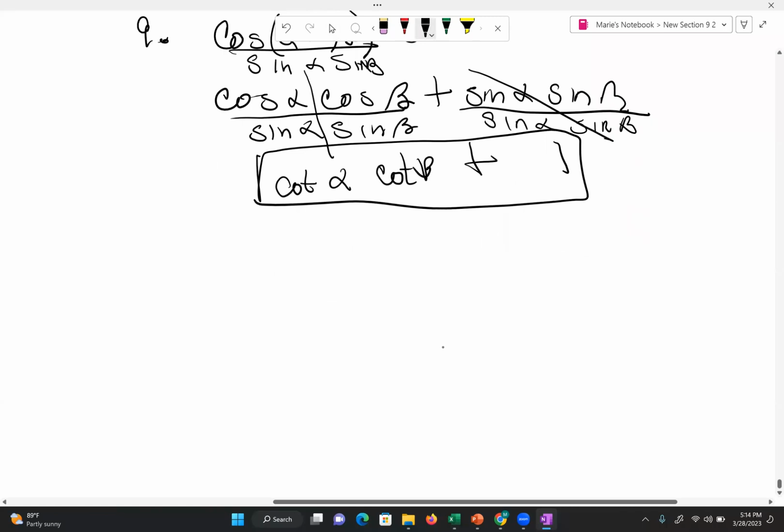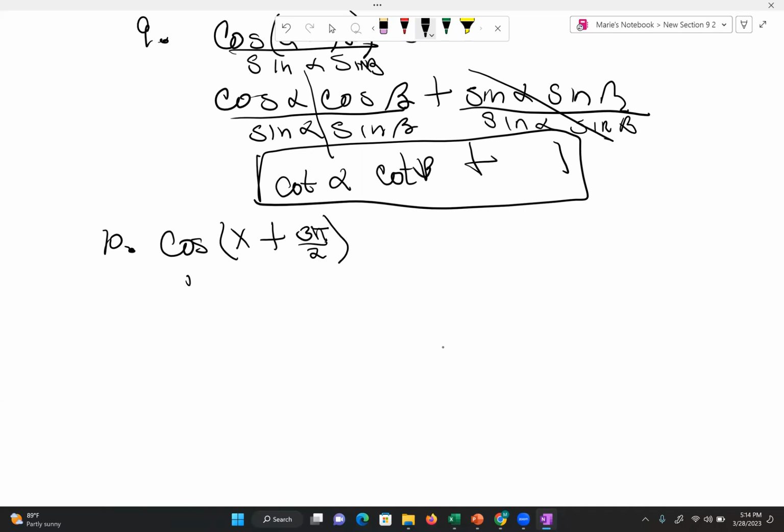All right, lastly, number 10. They give you cosine of x plus 3 pi over 2.